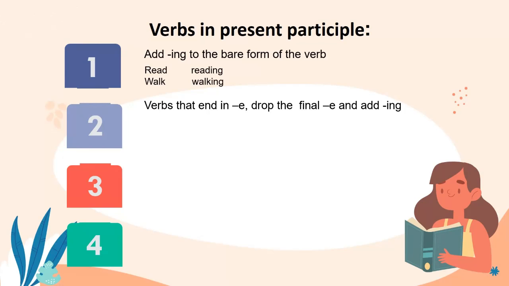For regular verbs that end in E, we have to drop the final E and then we add ing. For example, the verbs live and come, we drop the final E and then we add ing.